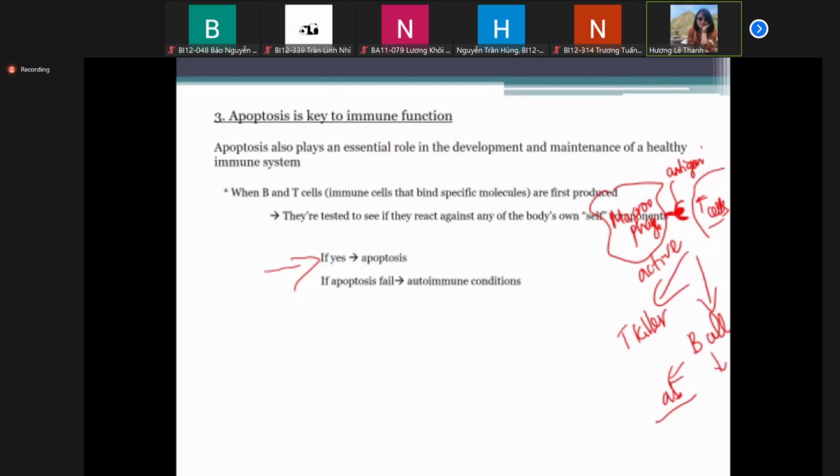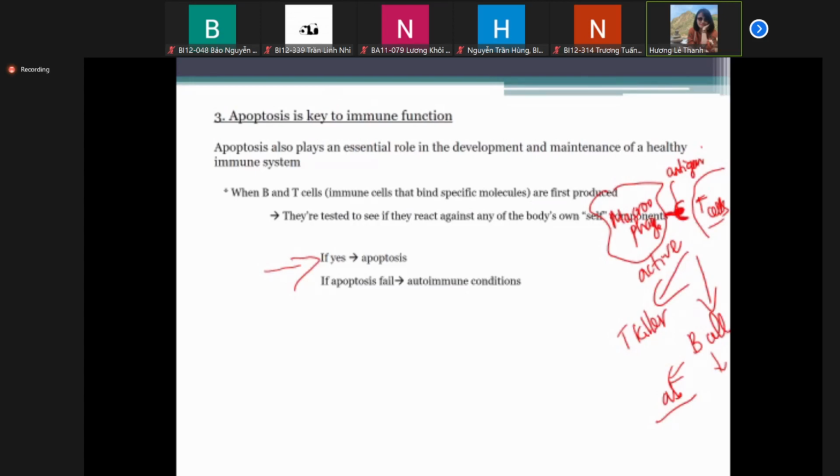The problem is they don't recognize our body cells as our own. Every cell is an enemy for them, so they attack the pathogens, the viruses, the bacteria, and also our body's own cells. That's why apoptosis plays an important role in allowing the immune system to turn off its response to the pathogens and turn it up to maintain homeostasis in the immune system.